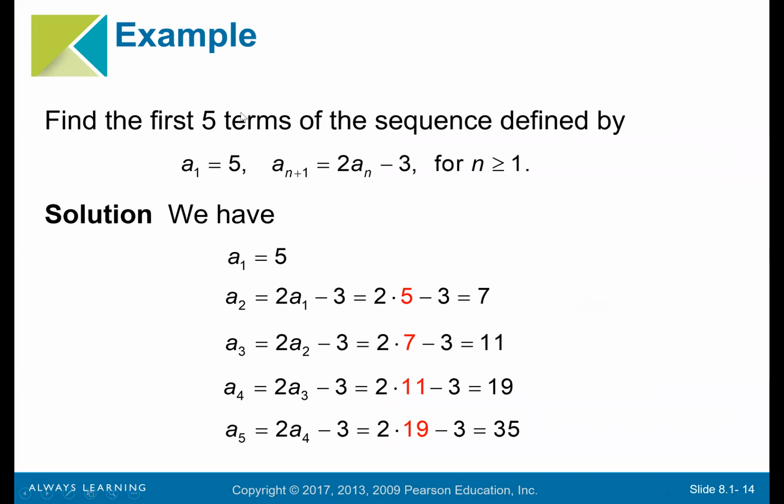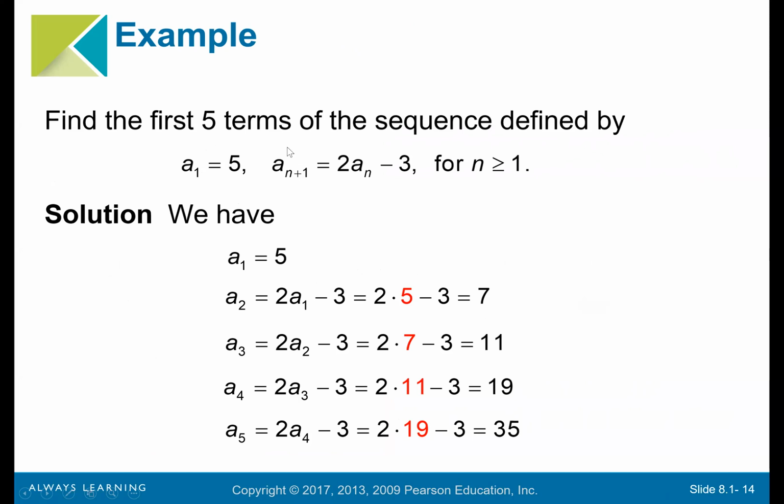Okay, so here we have a sub 1 is the first term. A sub n plus 1. When you see this, I just want you to think of the next term, because n is the term number. So if we wanted the second term, we'd have to put in 1 for n, get a sub 2.